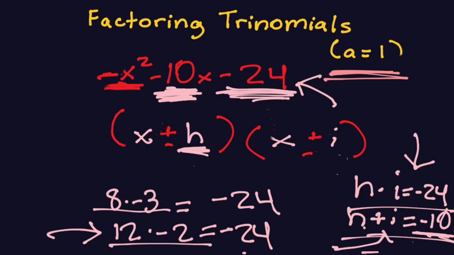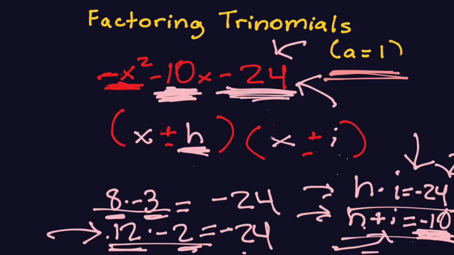So what you basically have to do is look at your number right here, negative 24. Look for h and I values that multiply together to get your negative 24. And look for values that add together to get your negative 10. So you're looking for h and I values that satisfy both of these rules. And as soon as I saw that 12 times negative 2 is equal to negative 24, I know that this satisfies both of them, because 12 plus negative 2 is equal to negative 10.